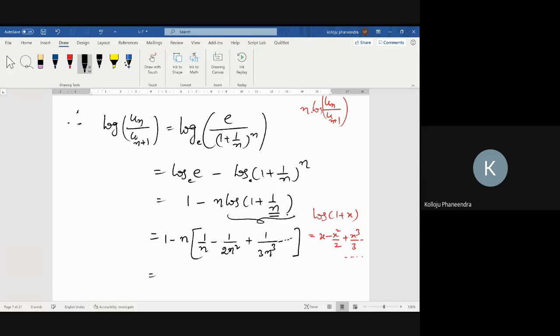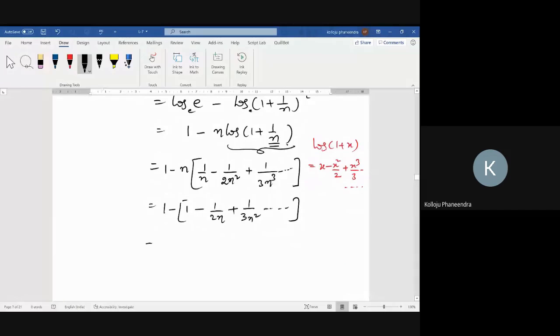This is correct, right? So let us apply this: 1 minus n into, where the x value is 1 by n, x minus x square by 2 plus x cube by 3 and so on. Take n inside. This is 1 minus 1 by 2n plus 1 by 3n square and so on. So 1 gets cancelled, and this becomes 1 by 2n, minus 1 by 3n square and so on.